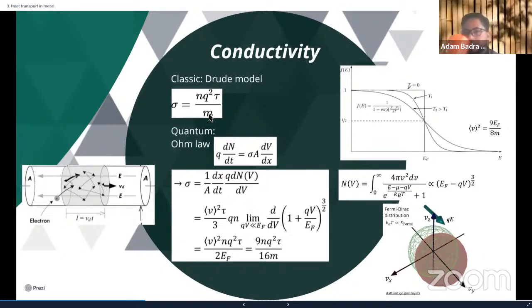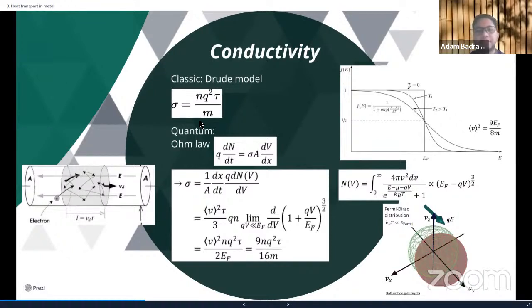But in quantum, maybe it will be similar, but there are things that we need to consider. In the classical case, we consider the movement of a single electron, but in quantum we need to consider the effect of the Fermi-Dirac distribution.